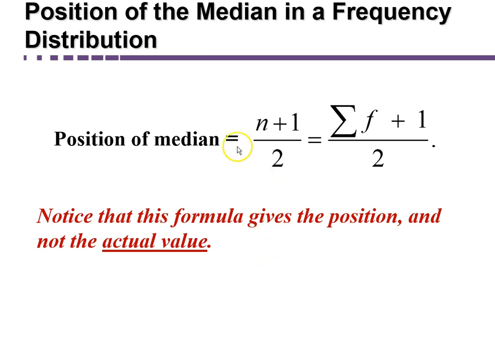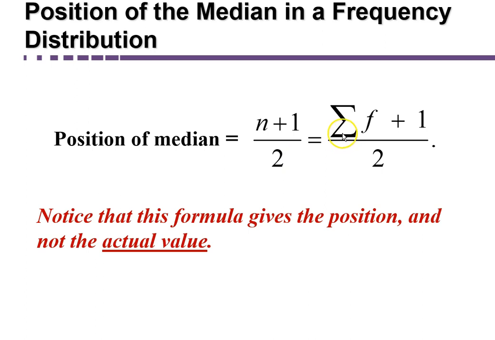We have a formula to help us find the median in a frequency distribution, and write this formula in your booklet. I don't have that one here. This has to do with when they give you data and you have to do some interpretation. We say the position of the median is the number of items that you have, we add 1 and then we divide by 2.